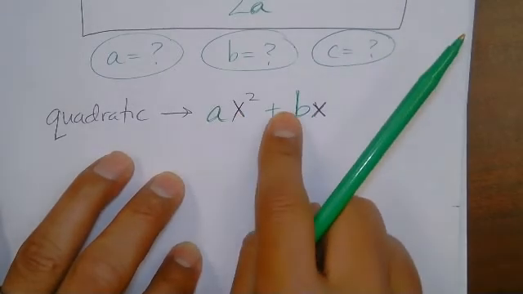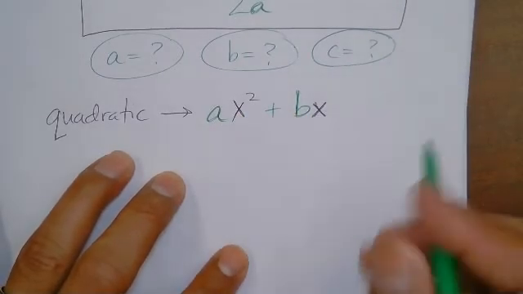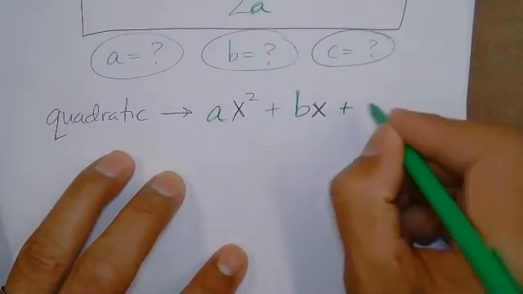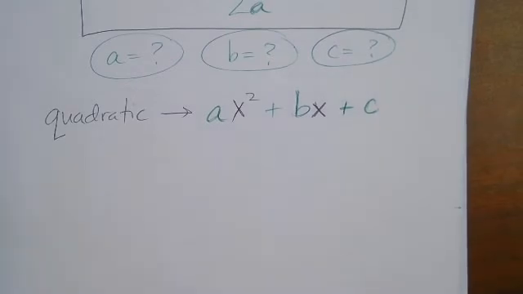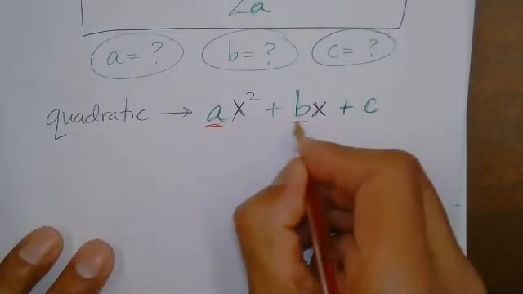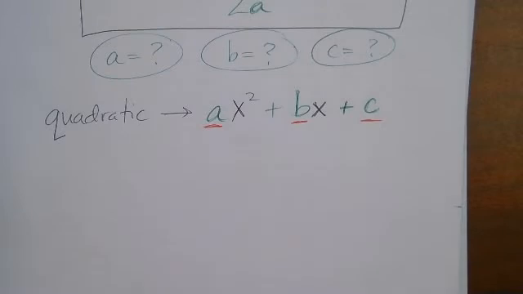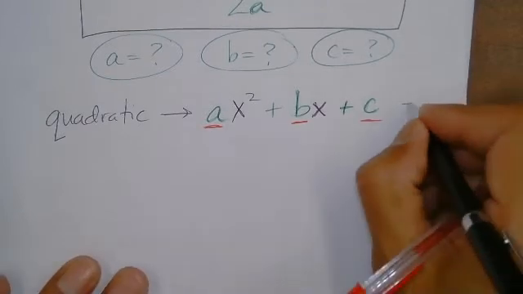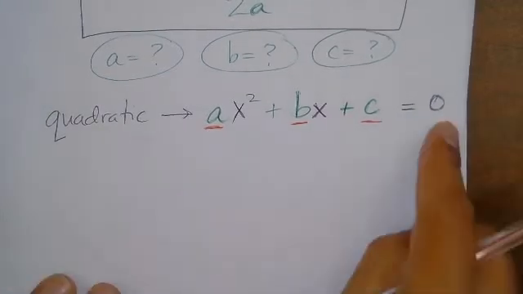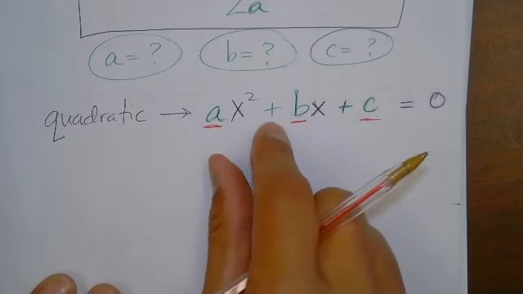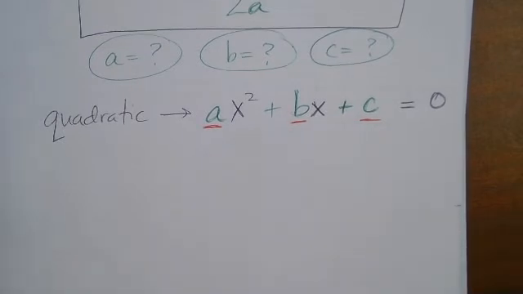There's a number with the x squared, another number with the x, and finally this last number is your C number. From your polynomial, that's where you find your A, B, and C values. But you have to make sure it's equal to 0. You got to move everything to one side, and your A, B, C's will be on this side.